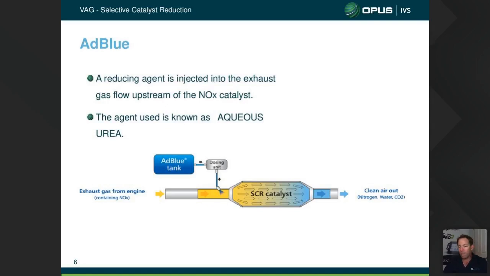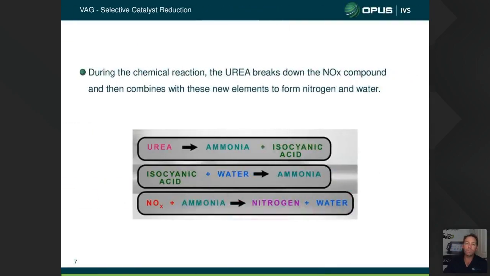They still run an SCR catalyst, a NOx catalyst, similar to a petrol engine. During a chemical reaction, the urea breaks down the NOx compound and then combines with the new elements to form nitrogen and water. It is very effective. It's something like 99% efficient on NOx gases.